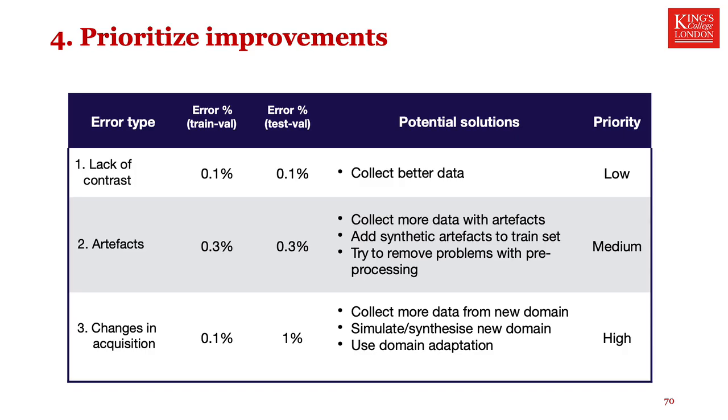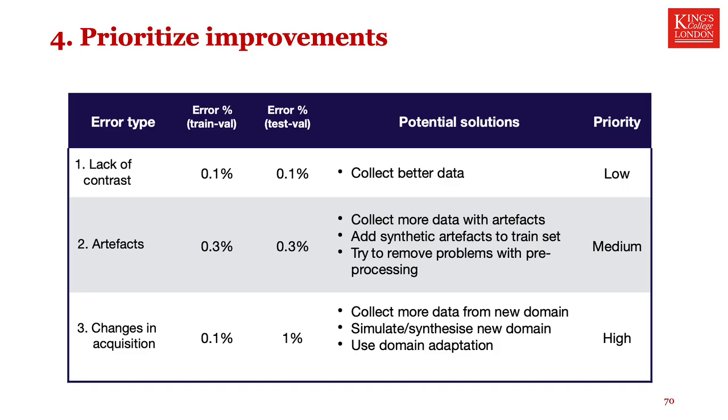So if the data itself lacks contrast, so you cannot see the object well enough, and if the error is relatively small, let's say you have a 0.1% train validation error due to lack of contrast. The solution to improve on this error would be to collect better data. Collection of better data is going to be extremely time consuming, and the improvement is going to be minimal. So this is something that you should give a low priority.